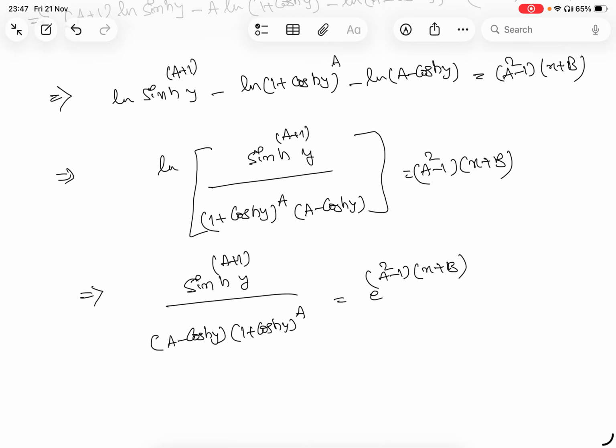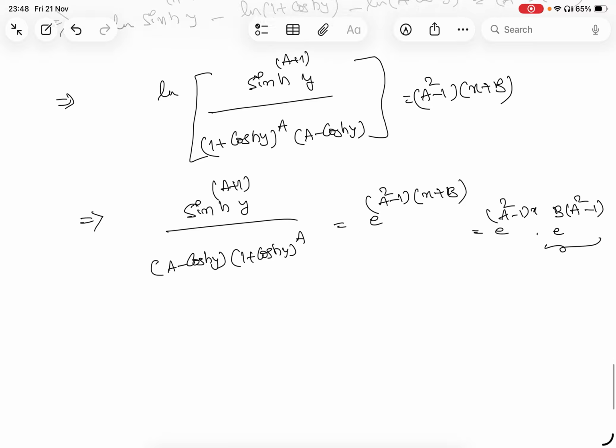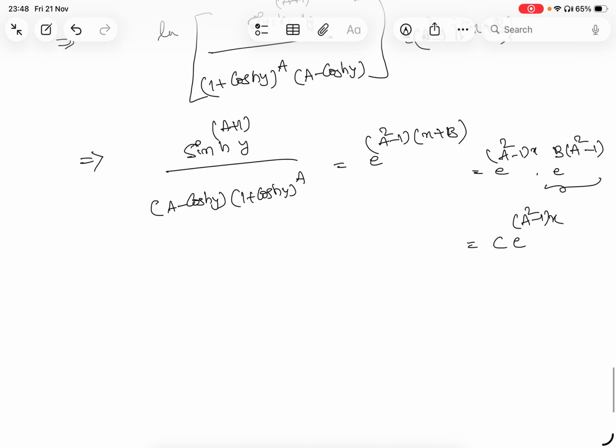You can split it as e power (a square minus 1) into x, into e power b into (a square minus 1). Because a and b are constants, this term you can take as c. Then this becomes c into e power of (a square minus 1) into x. Fine.